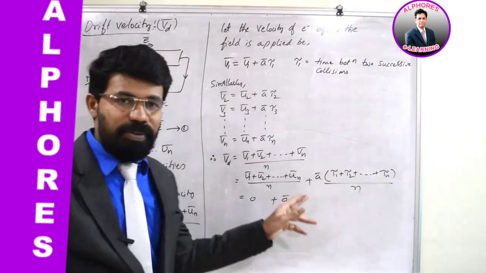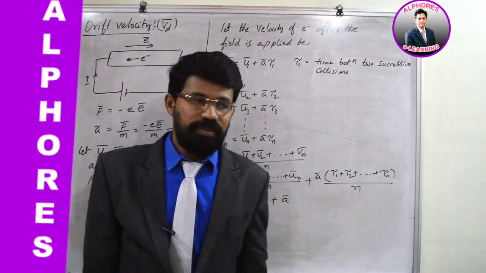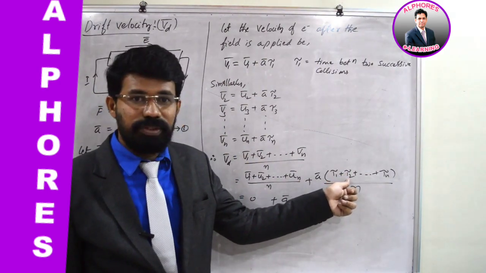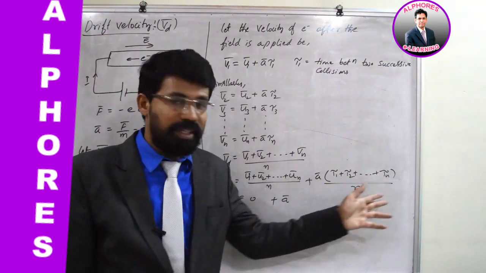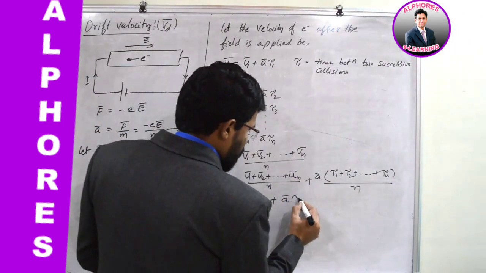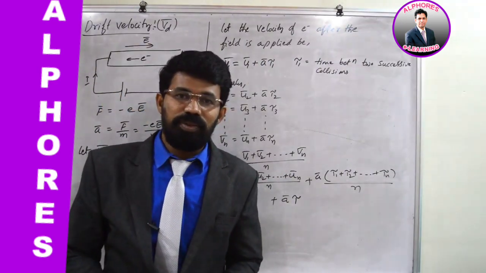what is this? This is the average of times taken between two consecutive collisions. This is the time taken between two consecutive collisions, and this is the time taken between two consecutive collisions for another electron. Like that, we have taken the average of all those times. Then it gives the average time taken between two consecutive collisions.